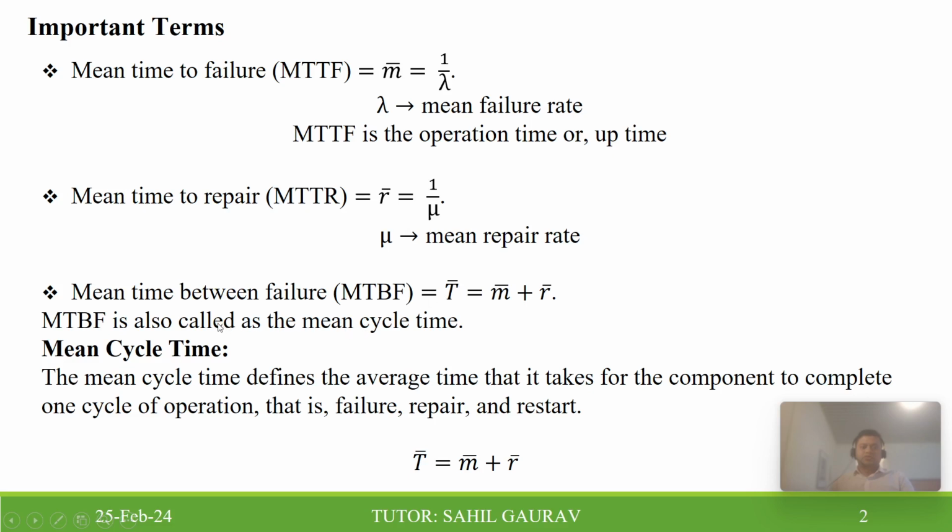This mean time between failure is also called the mean cycle time. It is defined as the average time that it takes for a component to complete one cycle of operation, that is failure, repair, and restart.